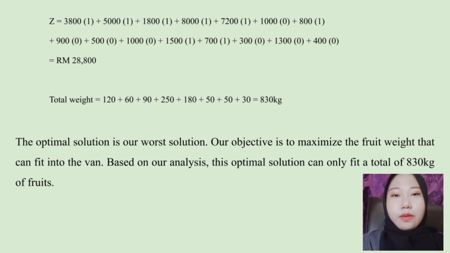Our objective is to maximize the weight of fruits that can fit in the van. Based on our analysis, this optimal solution can only fit 830 kg of fruits. So we have to find the best solution using the 3 meta heuristics, which are tabu search, genetic algorithm, and simulated annealing.